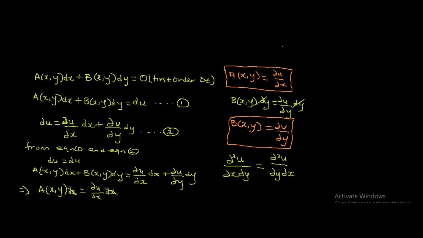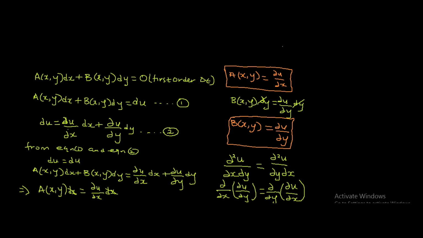You get exactly the same thing. This is also equal to: you bring out ∂/∂x, and you'll be left with ∂u/∂y, equals, here you bring out ∂/∂y, and you'll be left with ∂u/∂x.